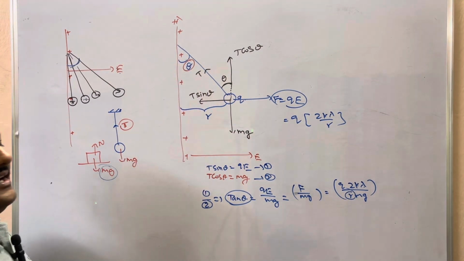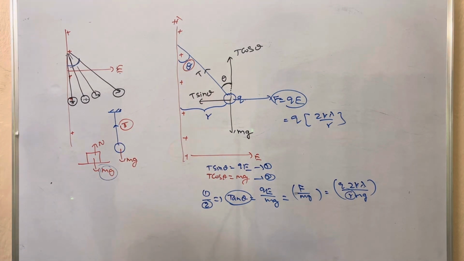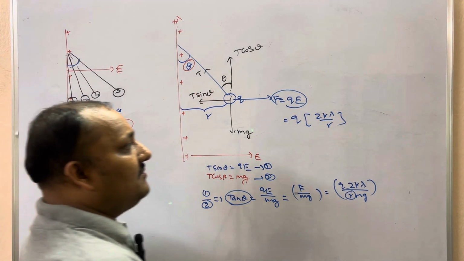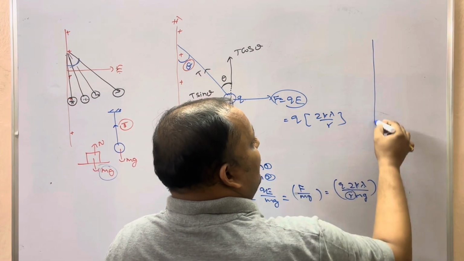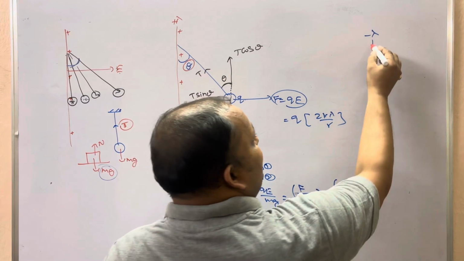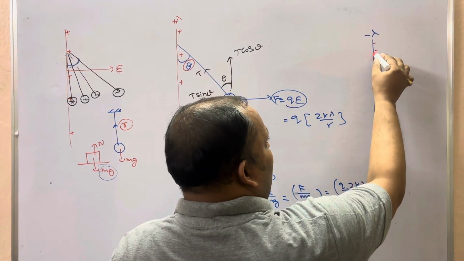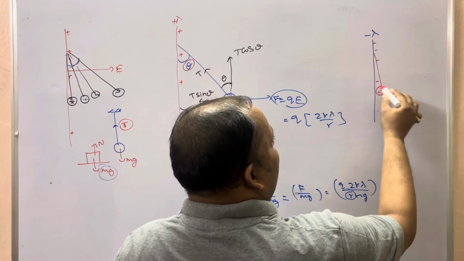Sometimes they will give this angle for you. So depending on the question, your answer is going to change. We discussed like this, but in the exam they may ask differently. So this is minus lambda. Minus lambda means this is negatively charged. At that time, one positive charge is suspended with a silk or insulating thread.